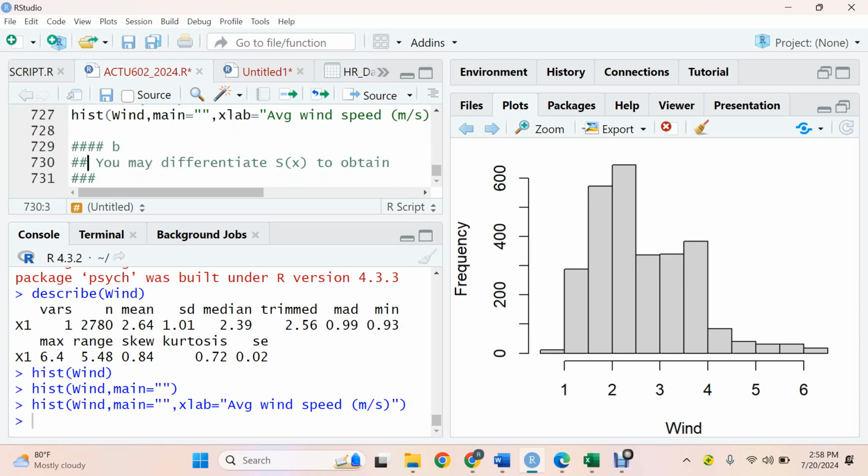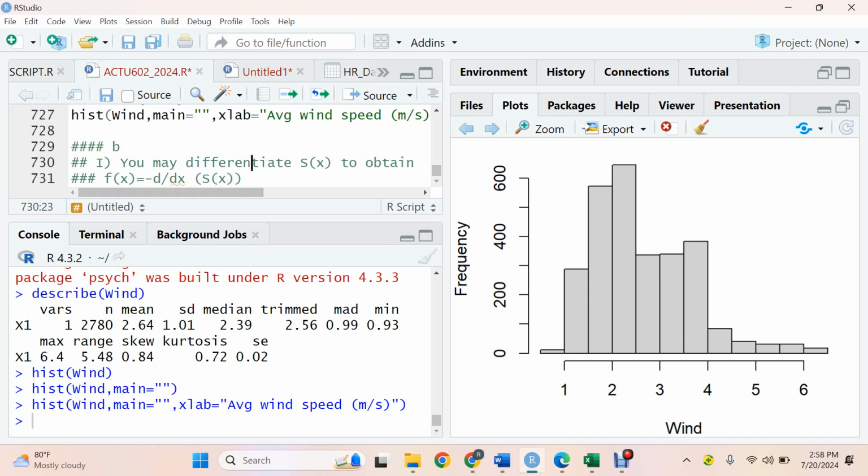One way of doing it is that you may differentiate S of x to obtain f of x, right? And that is equal to negative d/dx of the survival function. Is everybody okay?